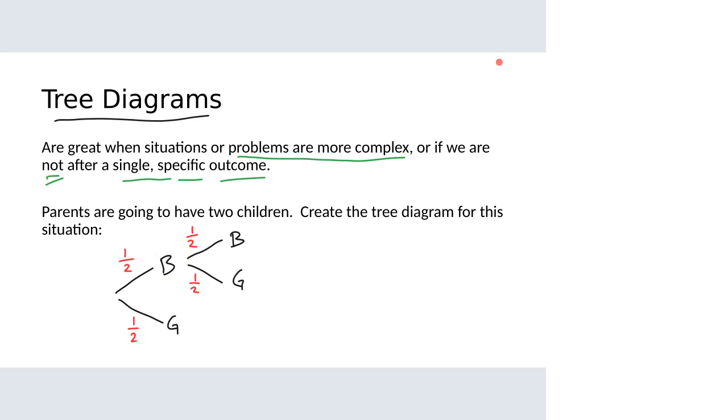We also have to consider what if the first one was a girl? And so we need to build a second child into our tree diagram where the first one was a girl. So the first one's a girl, we're down here, and then the second child could either be a boy or a girl.